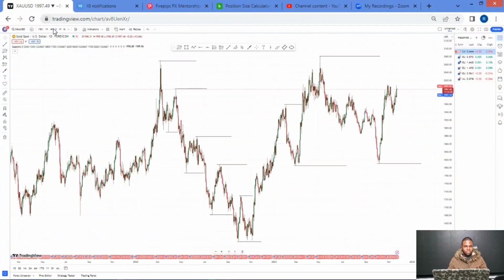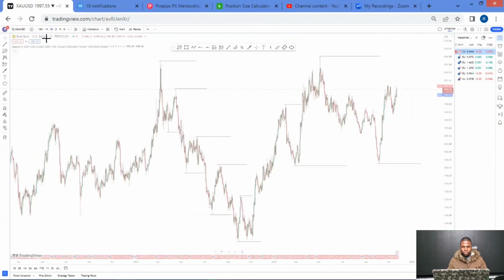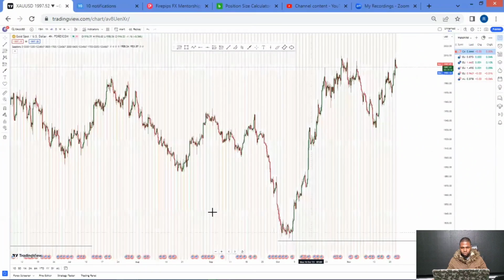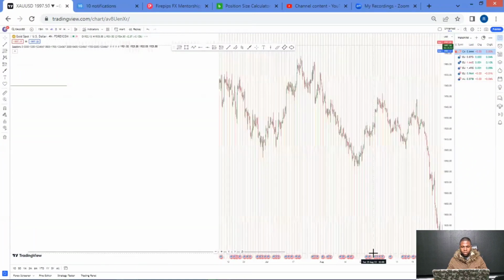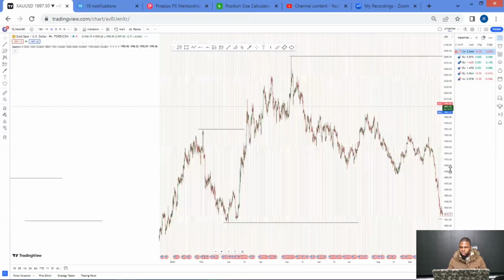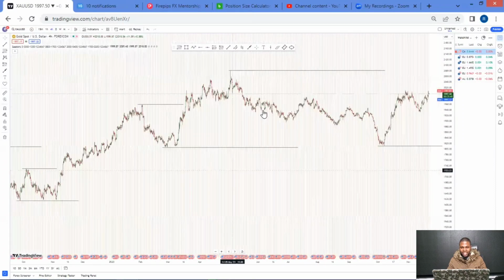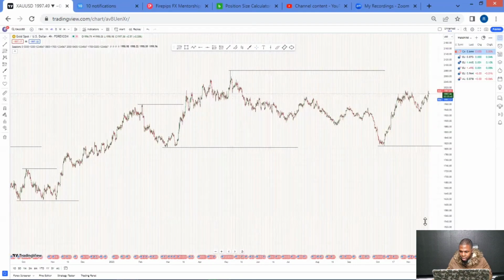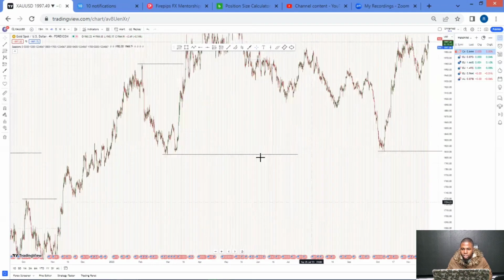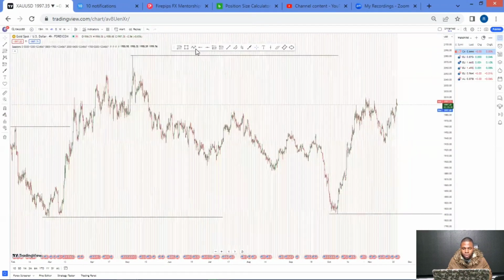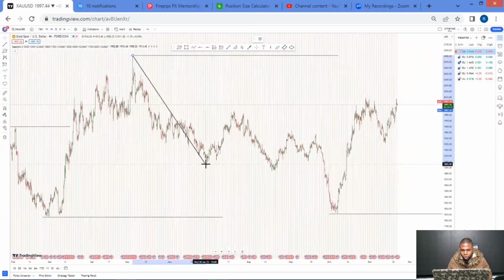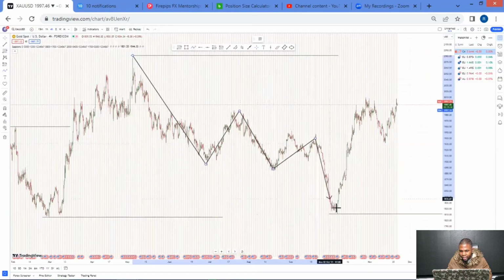Major structure. Let's move to H4. So now, don't forget this major structure, right? You remember this major structure, in which we just plotted on the daily time frame, right? So now, let's mark out the structure that we can see here too. Look at this. You have a high here, a low here, a high, a low, a high, then a low.